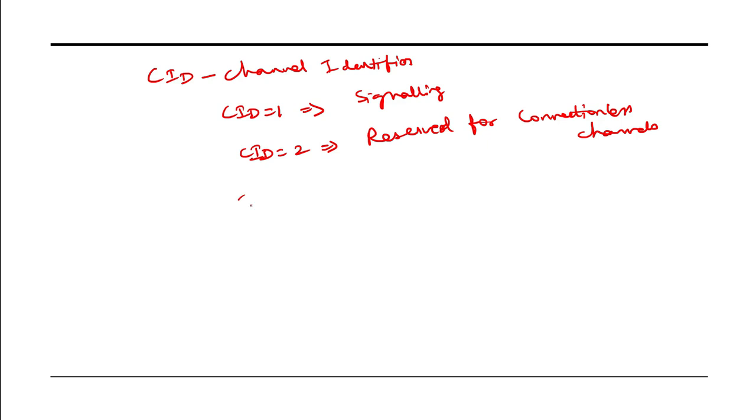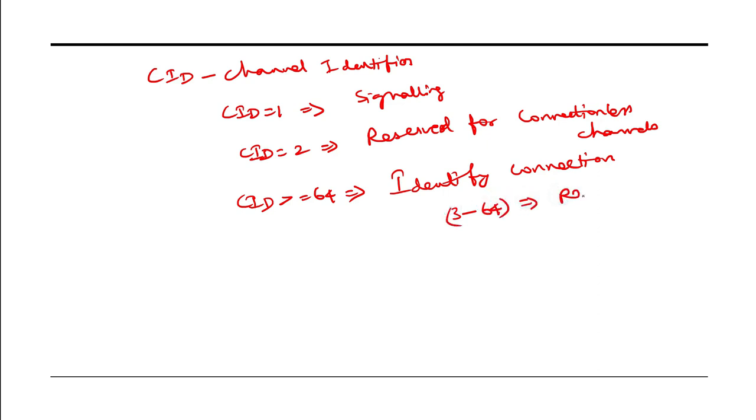And when the CID value is greater than or equal to 64, it is used to identify a connection, whether it is reserved or not. The values from 3 to 64 represent reserved values. D stands for data to be transmitted.